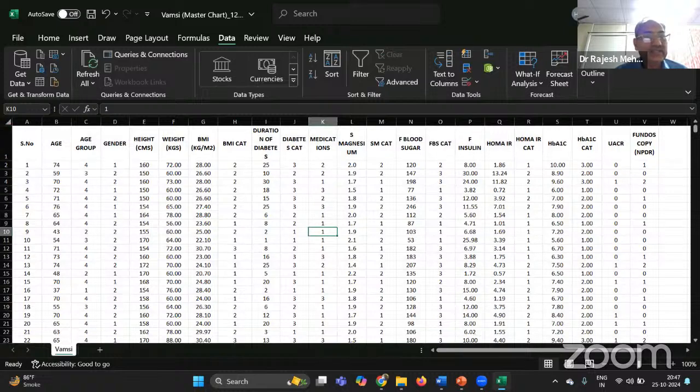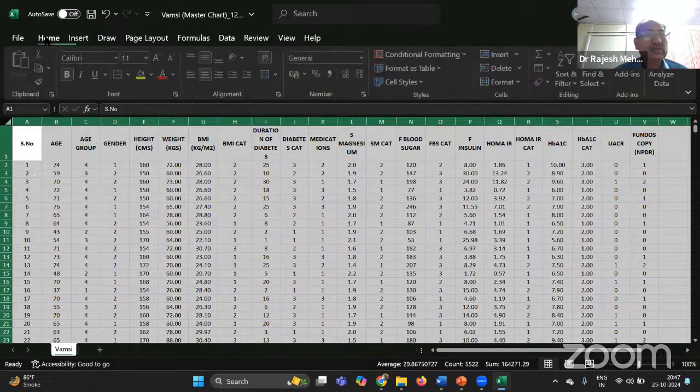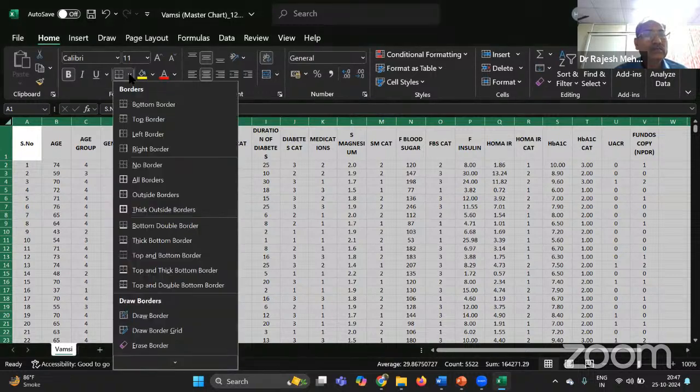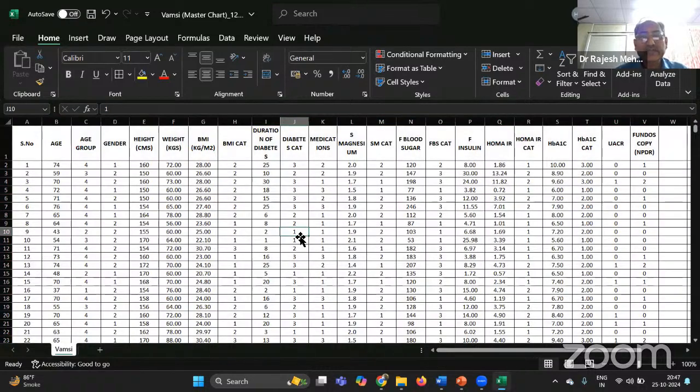These are the headings. It looks like a good Excel file.